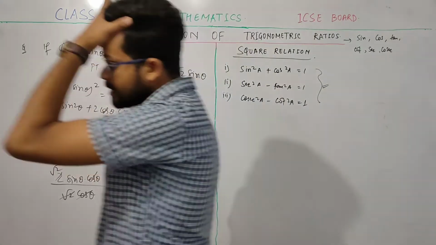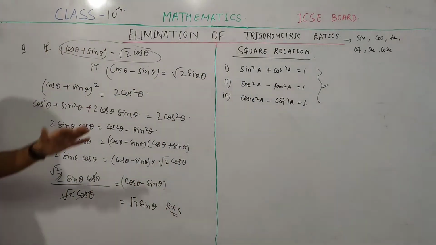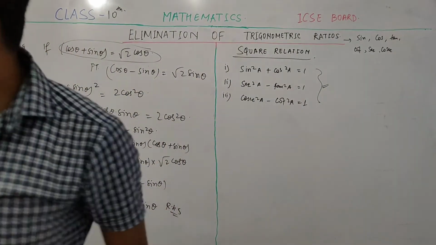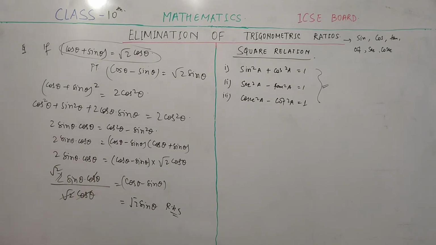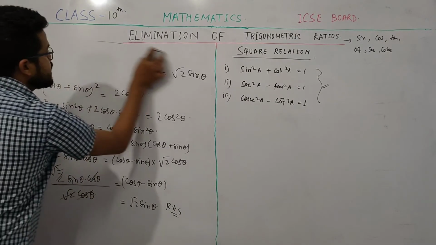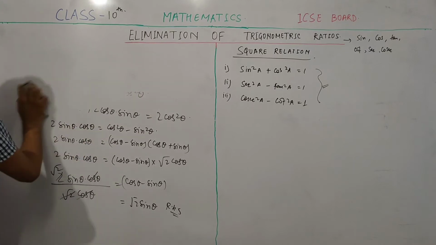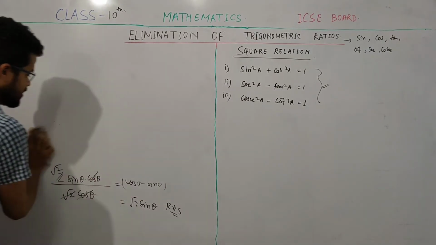Now this is all about the elimination of trigonometric ratios. Quickly now come to the exercise problems. Exercise 22b. There is a very easy question in the exercise.